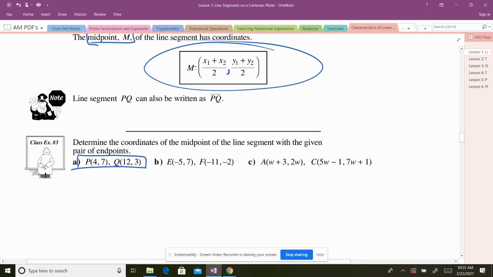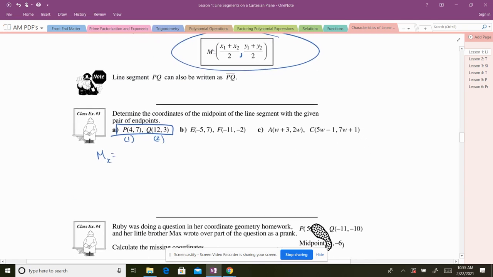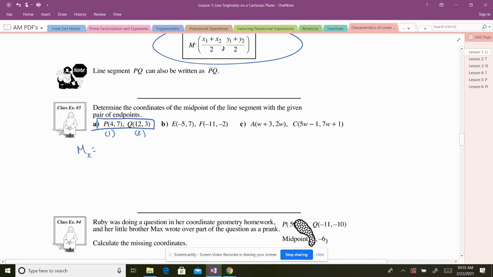So we'll just call P set 1 and Q set 2. Now, MX means the midpoint X value. The formula is X1 plus X2 divided by 2.